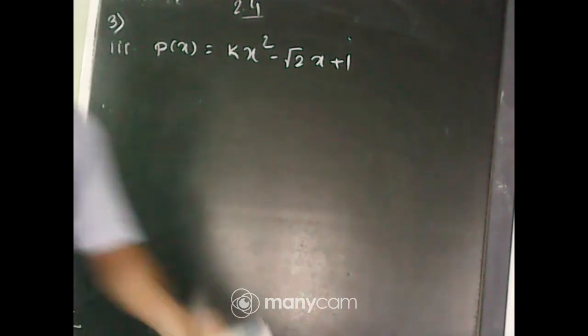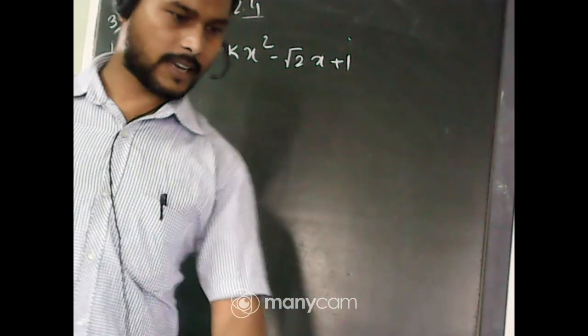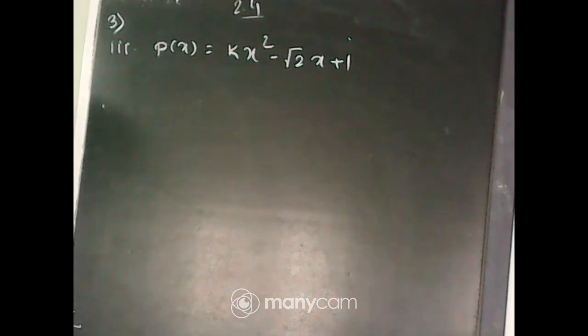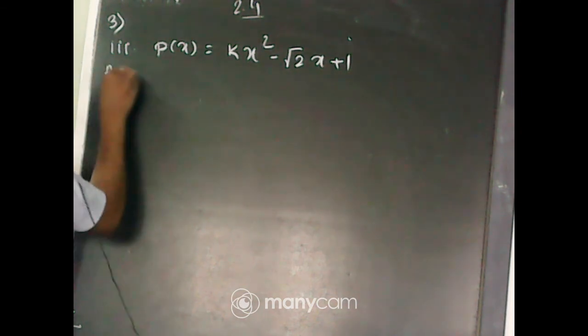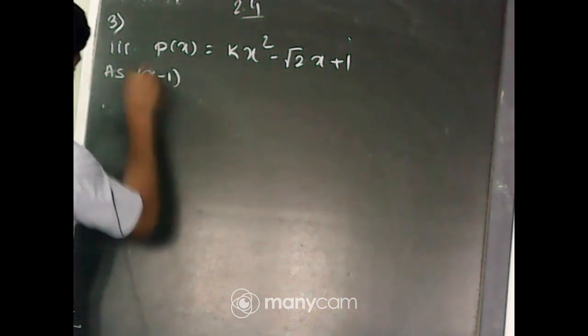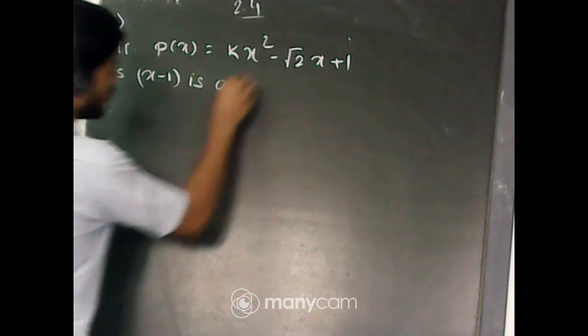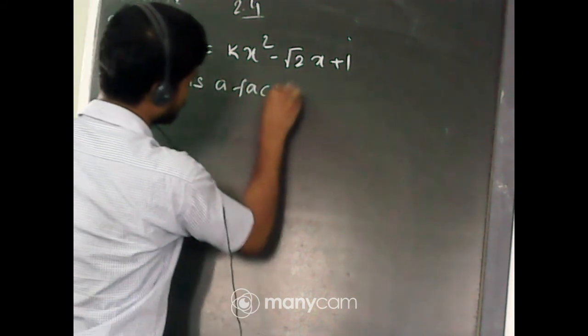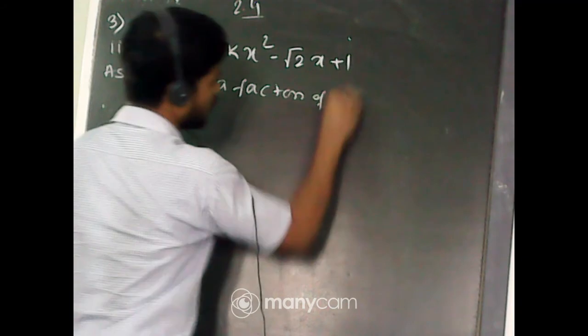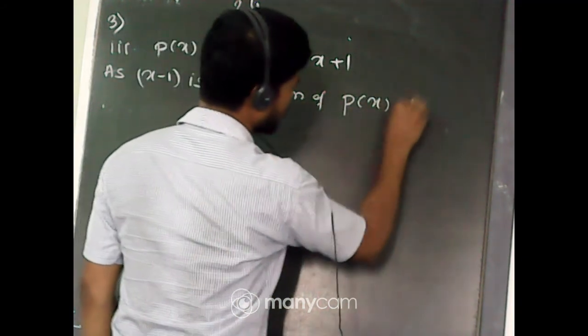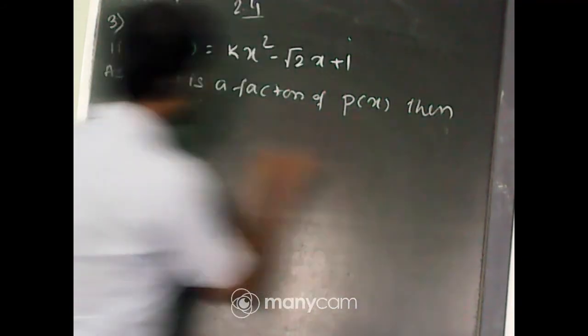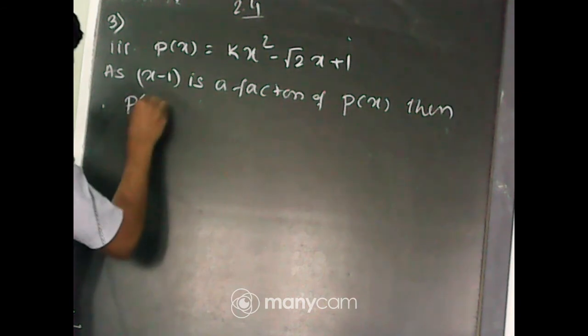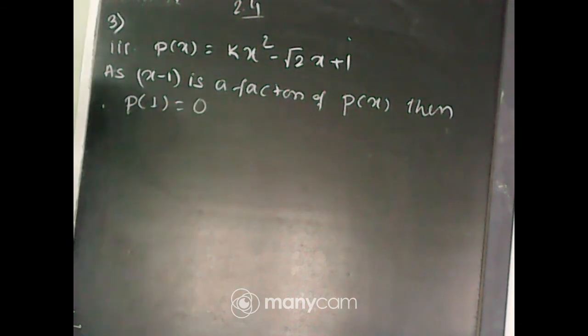So we have to find the value of k where x minus 1 is a factor of the polynomial. So x minus 1 is a factor of the polynomial p of x, then what happens? p of 1 will be equal to 0.